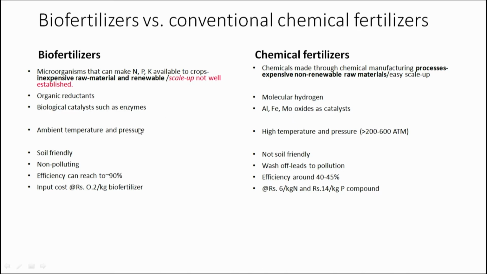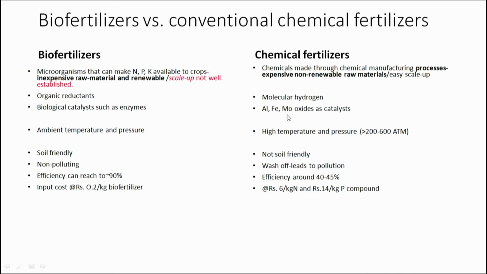The fourth point is that these microbes, you can cultivate them at normal temperature, which is ambient temperature, as well as pressure, whereas in a chemical process you would require very high temperature and pressures. So, all of these are going to be energy intensive, and adding catalysts could also leave behind traces of very toxic catalysts.